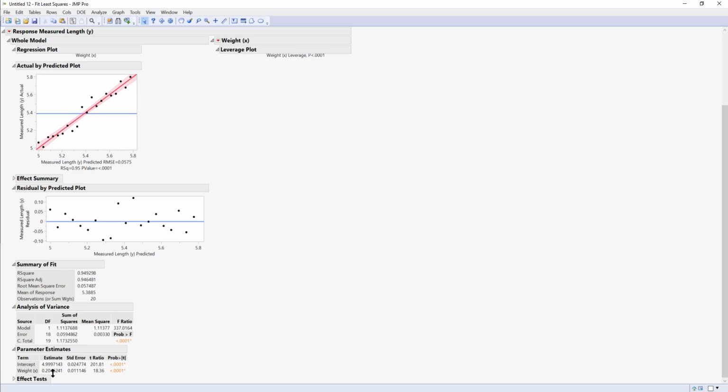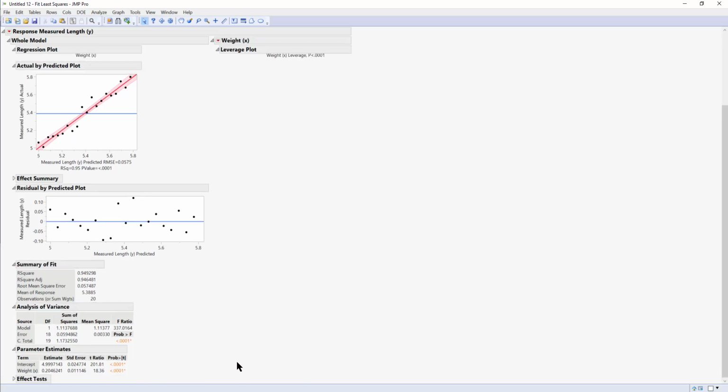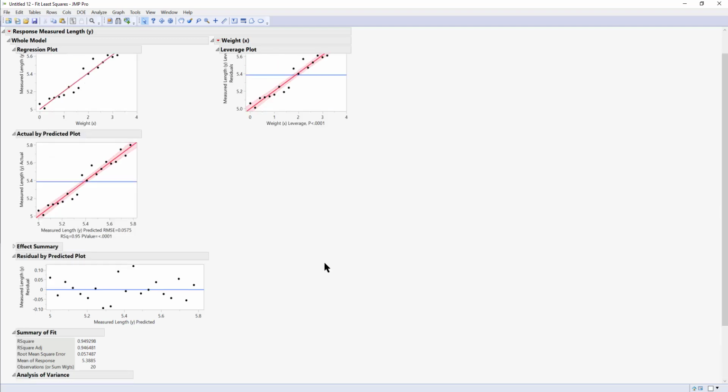This is the slope, the beta 1 hat, and the standard error, and the t-value, and the corresponding p-value. It also shows the residual by predicted plot.